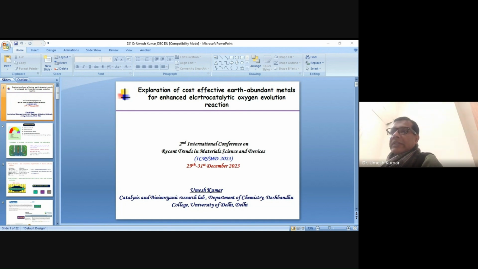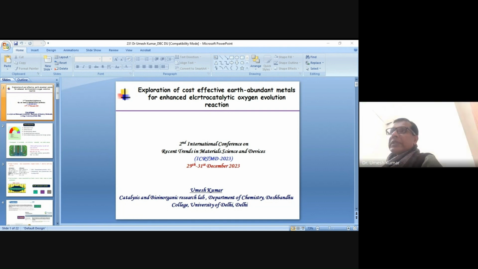And the simplest way, which is very popular nowadays, is the water splitting reaction. This water splitting reaction involves two half-cell redox reactions: the cathodic hydrogen evolution reaction, called the HER, where hydrogen ions and two electrons give hydrogen gas, and the anodic oxygen evolution reaction, which is the OER, a multi-step reaction requiring four electrons.